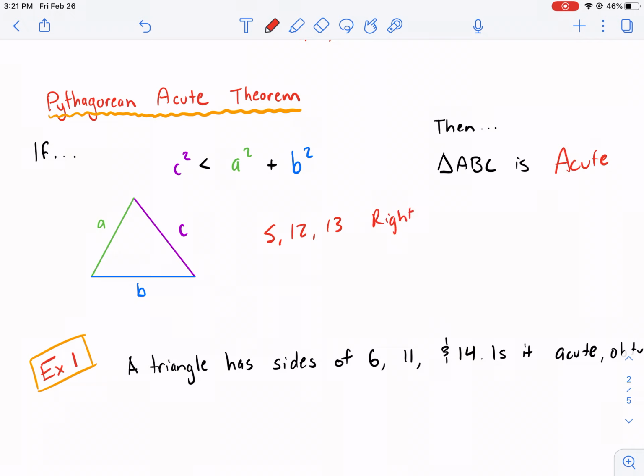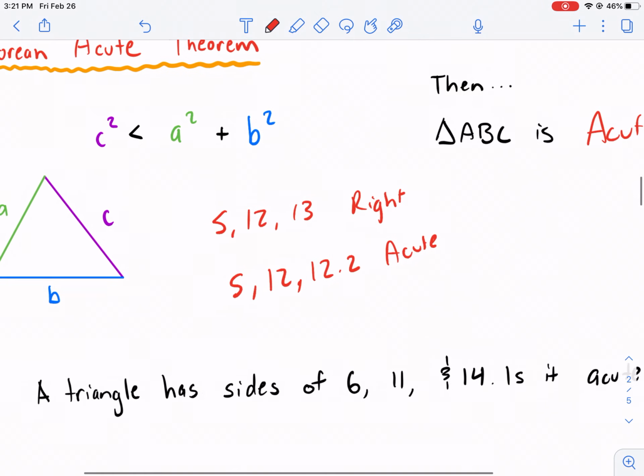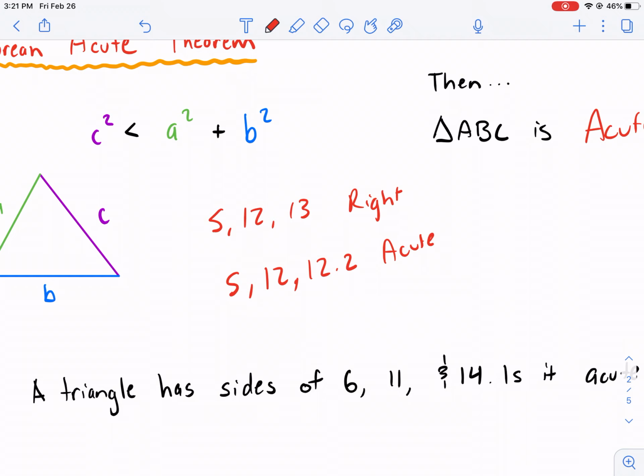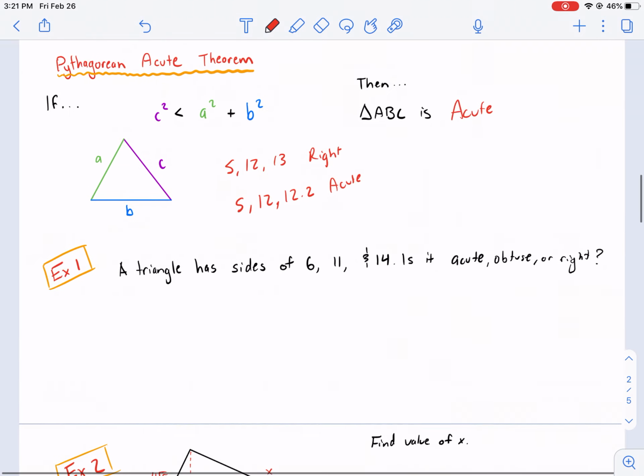Then we know 5, 12, and we'll call it 12.2. Okay, that's obtuse. Psych, it's acute. It's less than 13. c squared is less than the sum of those two added together. So 5 squared plus 12 squared is going to be bigger than 12.2 squared, so it's acute.